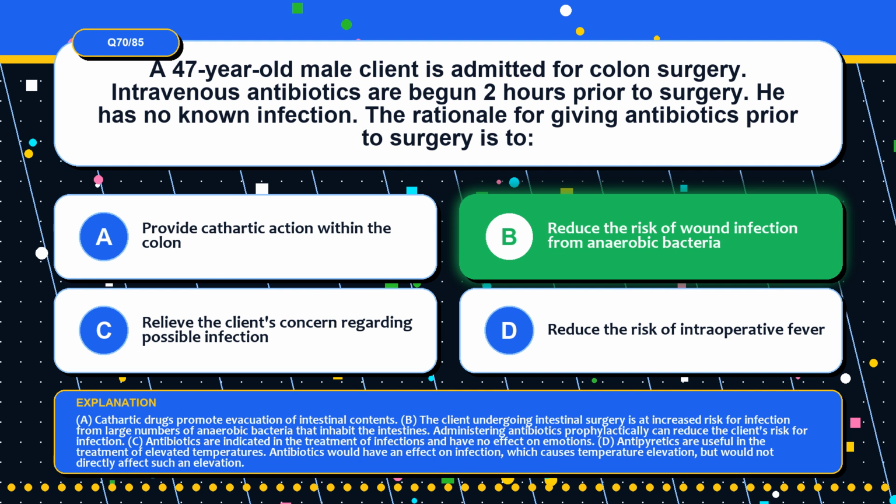Administering antibiotics prophylactically can reduce the client's risk for infection. C. Antibiotics are indicated in the treatment of infections and have no effect on emotions. D. Antipyretics are useful in the treatment of elevated temperatures. Antibiotics would have an effect on infection, which causes temperature elevation, but would not directly affect such an elevation.